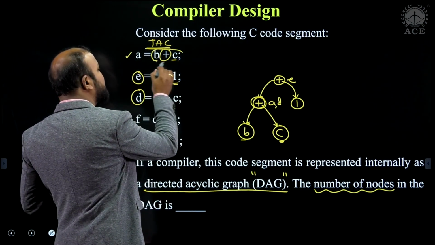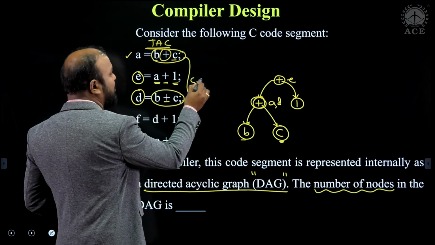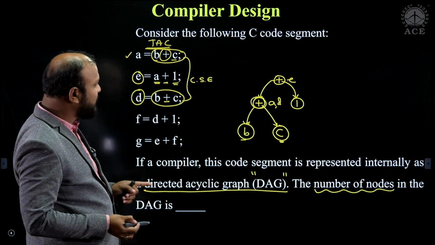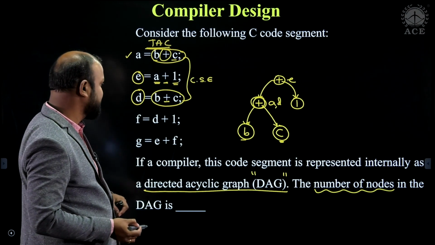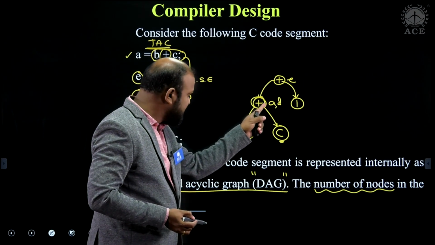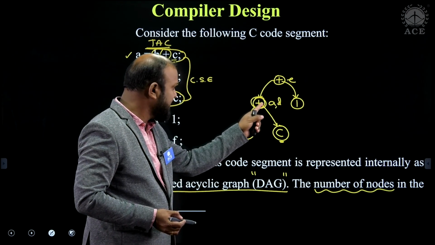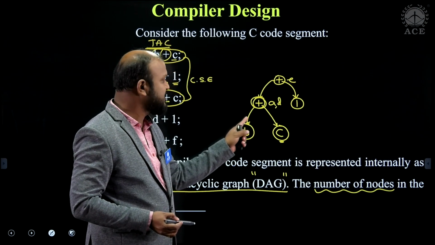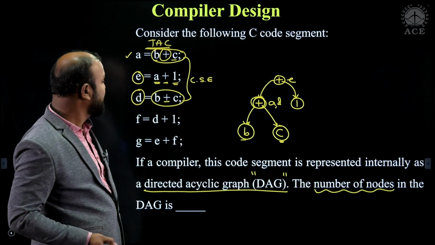A equal to B plus C and D equal to B plus C are called common subexpressions. DAG is used for identifying common subexpressions. This is one of the applications of DAG. Because A and D represent the same node plus, B plus C is a common subexpression for statement 1, A equal to B plus C, and D equal to B plus C.